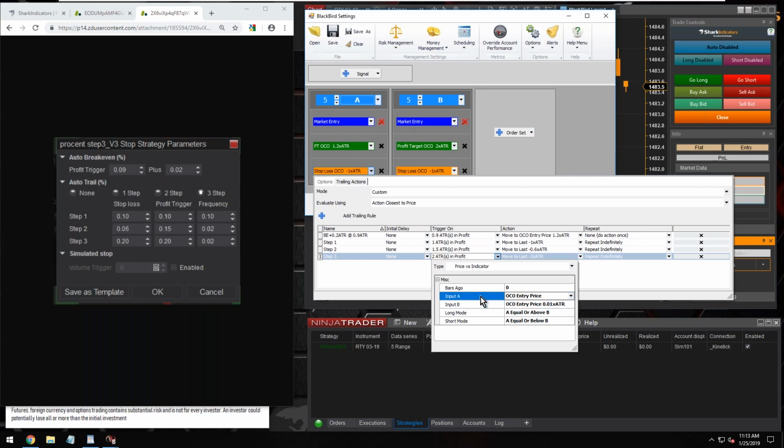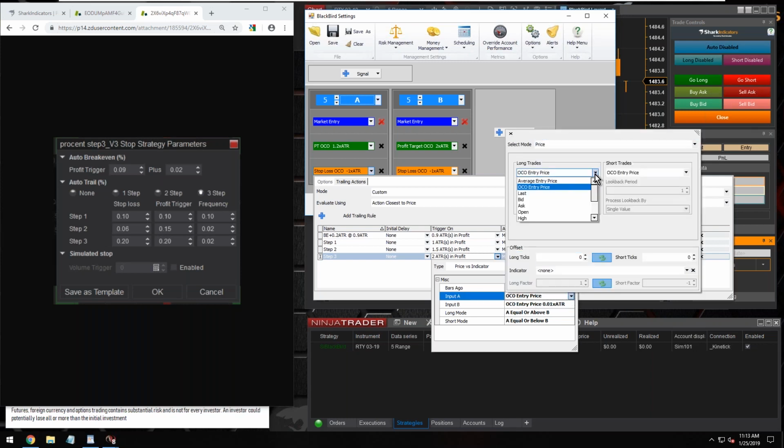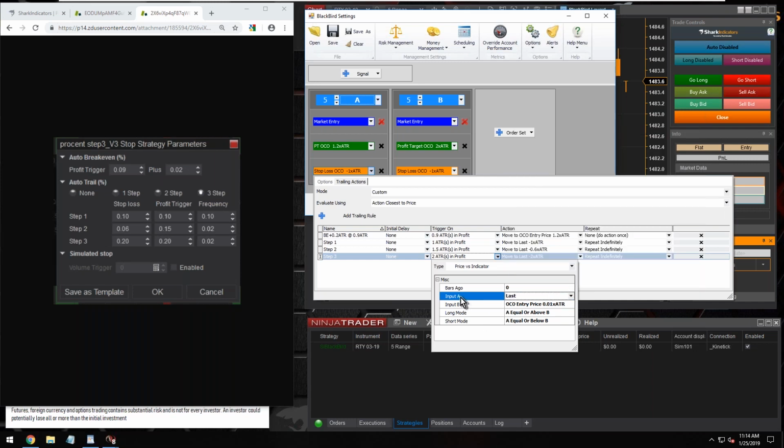Actually, now that I've thought this all the way through, input A needs to be the current market price. Let me think about this for a moment.